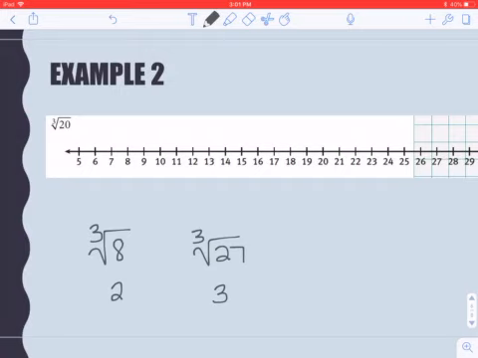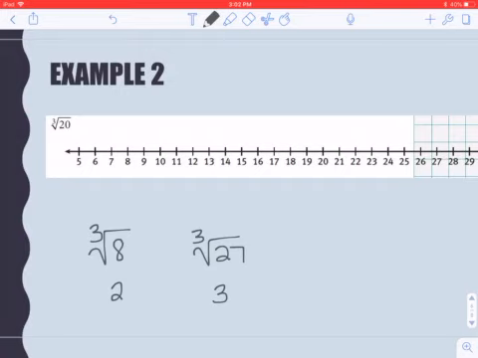Directly in between 27 and 8 is 17.5. So I know it's going to be bigger than 2.5. So if I was going to estimate, I'm bigger than 2.5.